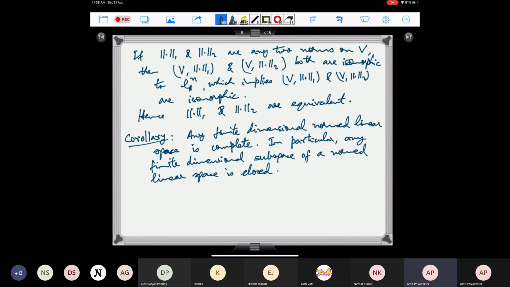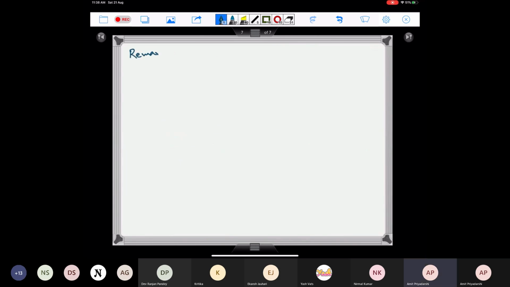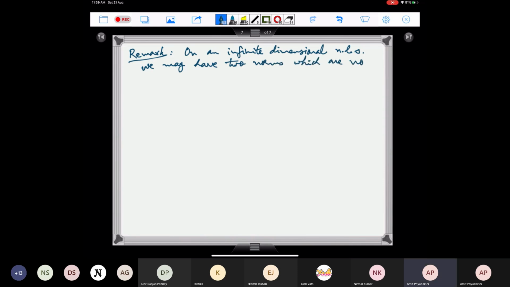So next, let's show that on an infinite dimensional normed linear space, we may have two norms which are not equivalent.